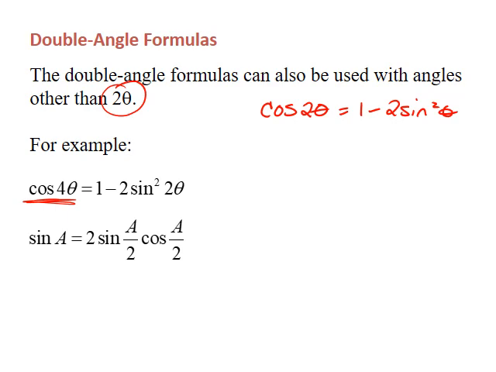In this case, 2 theta is really 4 theta, so we need to multiply theta by 2. And the same thing, if this is just a, we'll divide everything by 2. So there are different ways you can use and apply these double angle formulas. But let's jump into some examples.